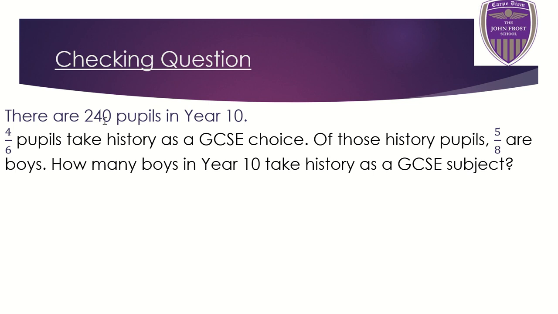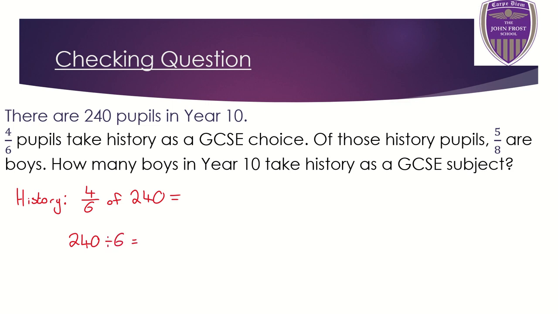Okay, so there's 2 parts to this question. The first part is finding out how many pupils take history. And that is 4/6 of 240. Now, we should all know by now how to find a fraction of an amount. We're going to do 240 divided by 6.